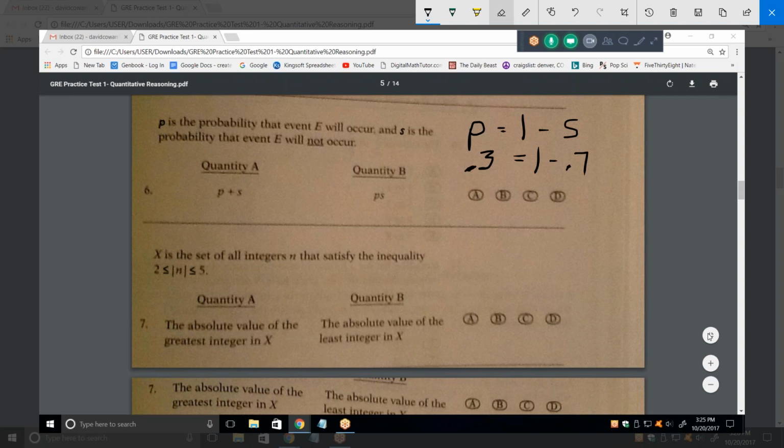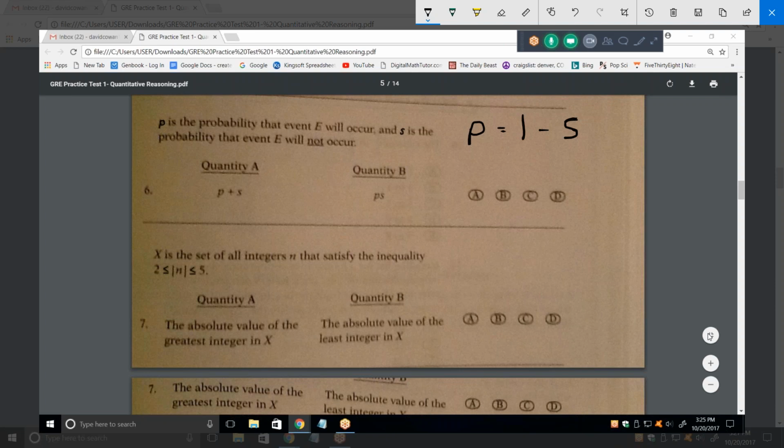Right. So that's always the case with probability problems, that the probability of an event is always 1 minus the probability that the event will not occur. Bag of marbles: the probability that you'll pick a red, let's say, is 60%. Well, that means the probability that you won't pick a red is 40%.